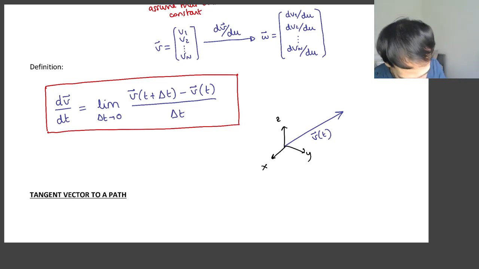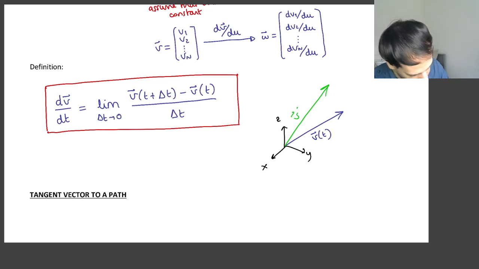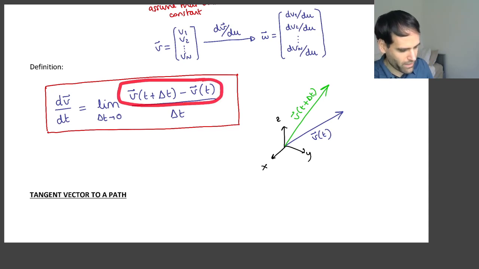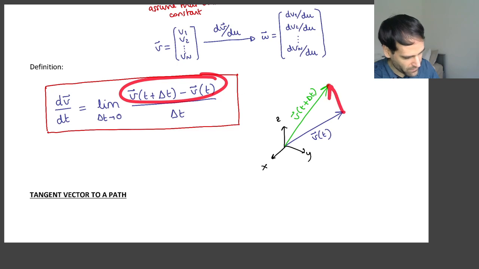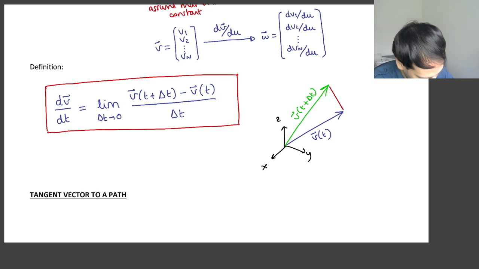Okay, so now we have a vector which is v of t plus delta t. Then the operation of this subtraction, v of t plus delta t minus v of t, what is that? This subtraction is simply the difference between these two vectors. So let me draw it here. This vector is equal to v of t plus delta t minus v of t. Okay?